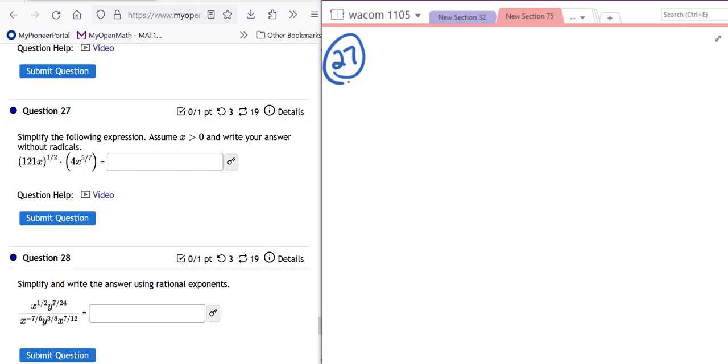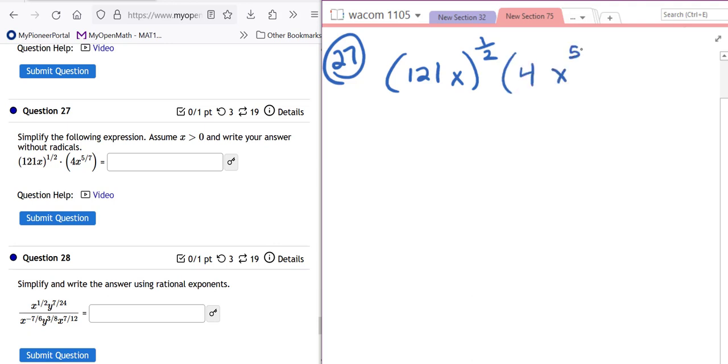Simplify the following expression. Write your answer without radicals. Okay, so they probably want rational exponents then. We have 121 x to the 1/2, and then we have 4. And this 1/2 is outside the parentheses. Notice this other power is on the inside. So we have to be just a little careful with that.